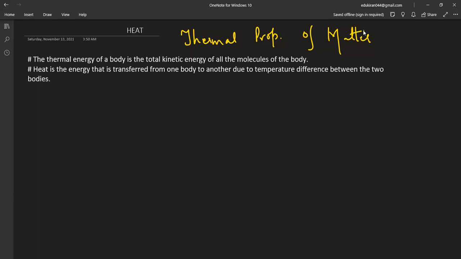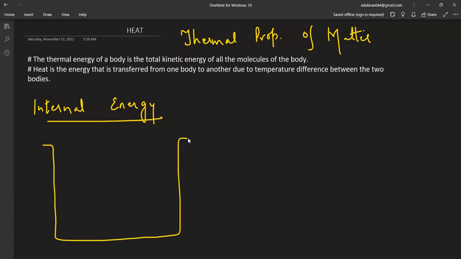So heat is what? When we are talking about heat, you have to understand what is meant by heat. Now, see, I'll give you an example. Firstly, you have to understand what is meant by internal energy. Whenever we say internal energy of a system, suppose this is a container I have taken and I have filled it with some molecules.